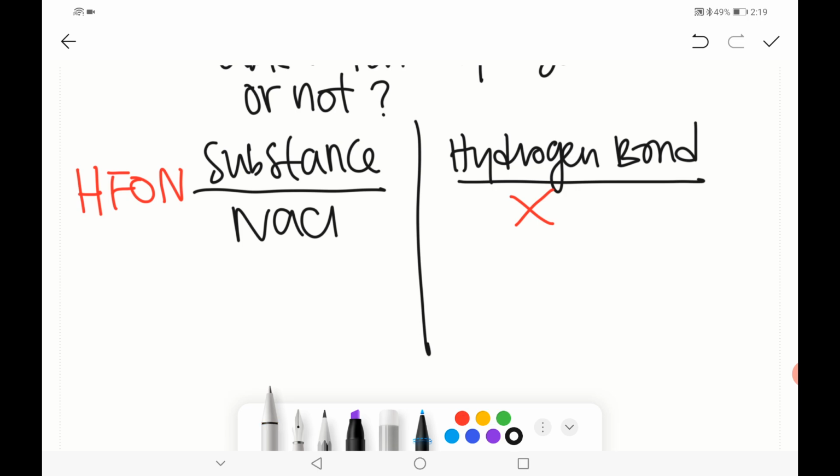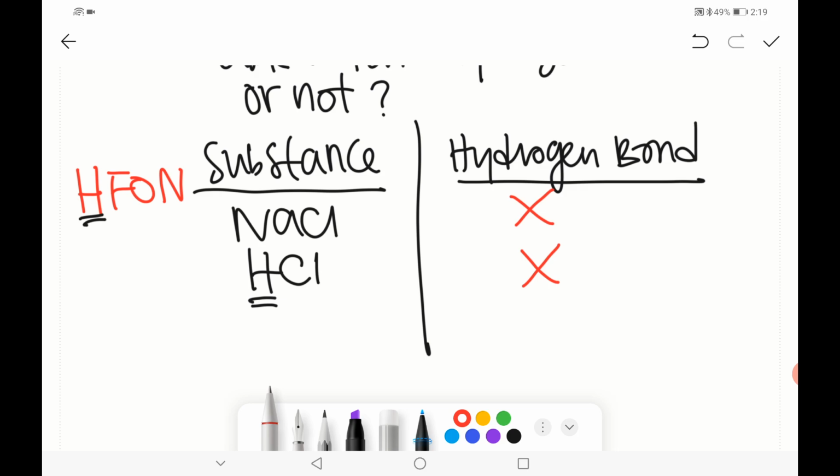Second, we have HCl, hydrochloric acid, or hydrogen chloride. Do you have hydrogen? Yes. But do you have FON? No, you don't have F, O, or N, you have Cl. So cannot.